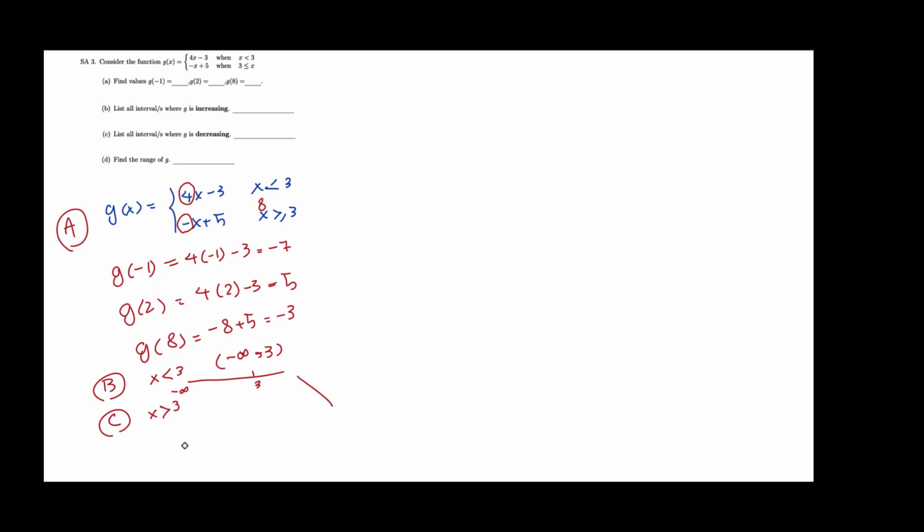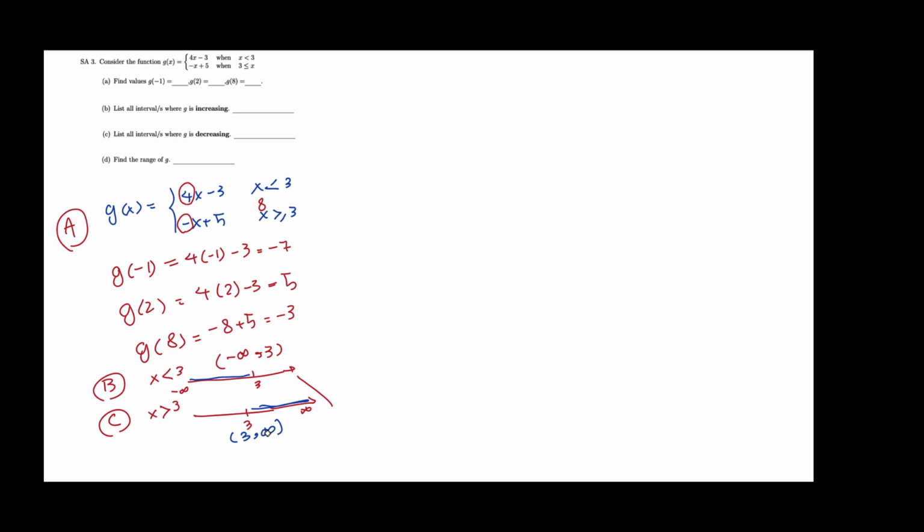You just say x bigger than 3. So here, 3 to infinity on the number line. That piece was for the previous one, and this piece is for this one. The answer that I'm getting is 3 to infinity.